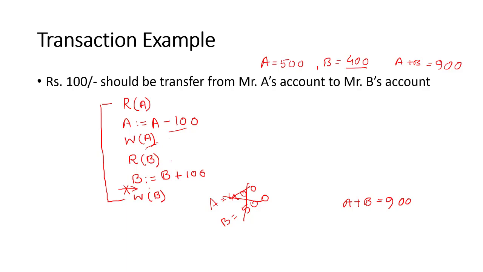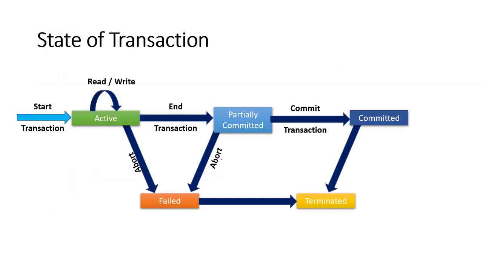After that, when all the reading and writing operations have been done, the transaction moves to a partially committed state. What is a partially committed state? In the partially committed state, all the reading and writing operations have been done, but the final result hasn't been saved to the database.